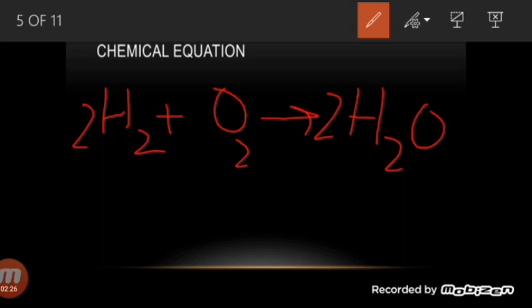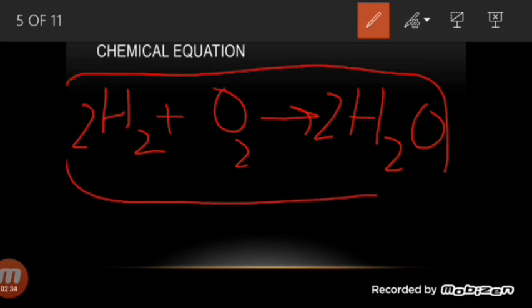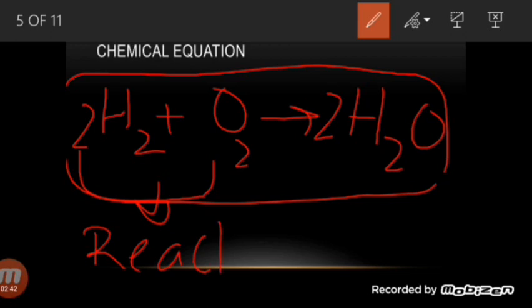Here you can see the representation of the formation of a water molecule, and this is its complete chemical equation. This equation has two parts. This part of the equation is called reactants, whereas this part is called product.